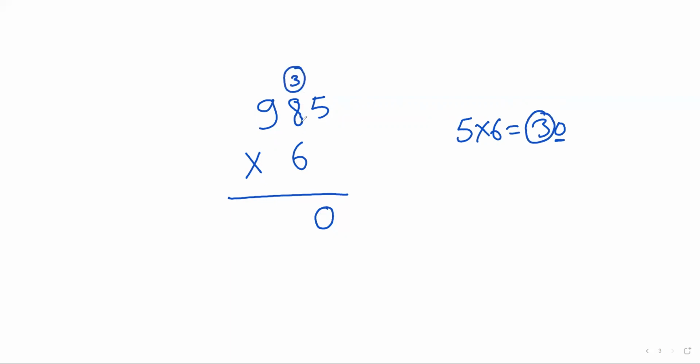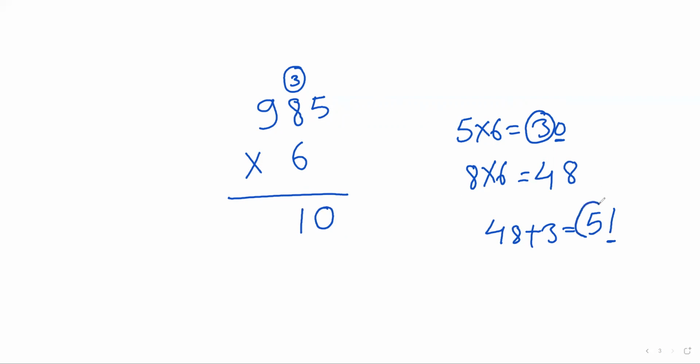Now take the multiplication of this number, 8 into 6. What will we get? 8 6s are 48. Then you have to add the carry. So what will we get? 48 plus 3, 51. Now write this last digit here and take the other number as carry and write it above the next number.